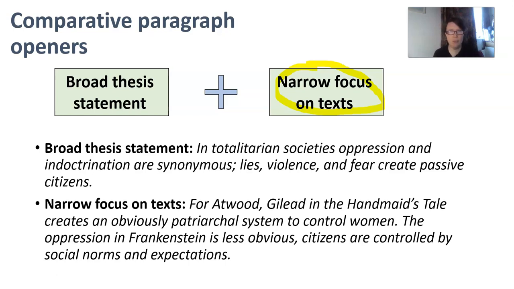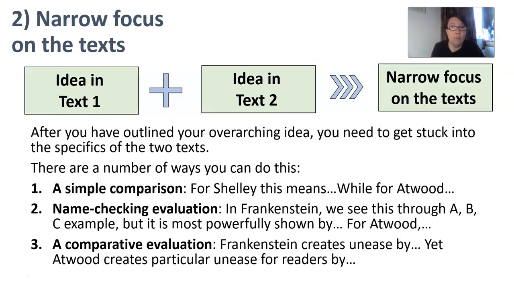Now we're going to drill down into this narrow focus on The Handmaid's Tale and Frankenstein, and this then is the comparative opening to your paragraph. So your narrow focus on the text is super simple. You just need, how is your idea shown in text 1? How is your idea shown in text 2?